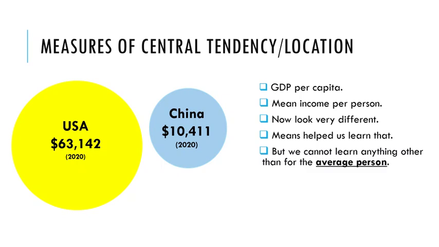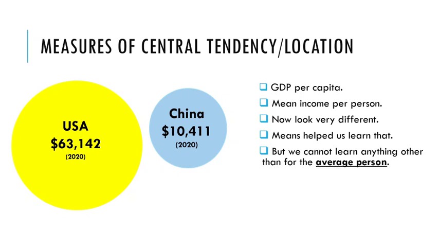But here's the thing. I can't learn anything from this data other than for the average person. The average person in the United States has an income approximated by GDP per capita of $63,142, and the average person in China has an income approximated by GDP per capita of $10,411.